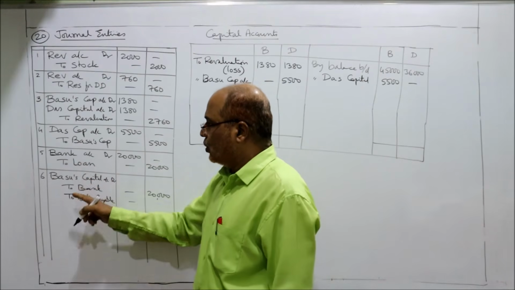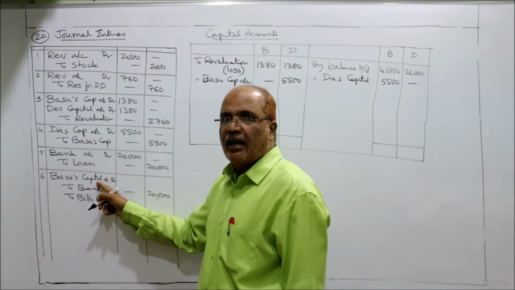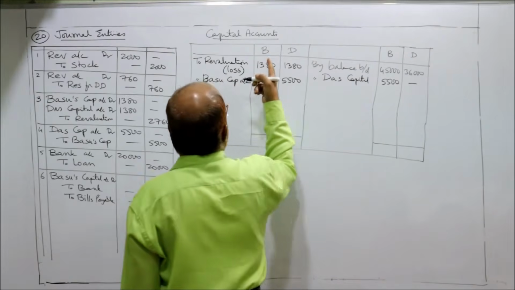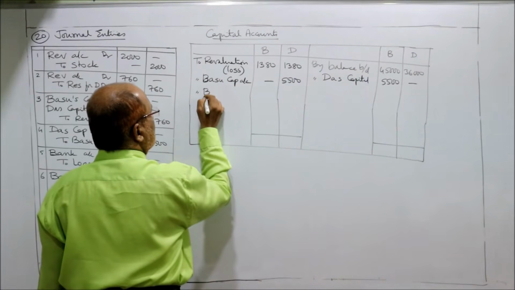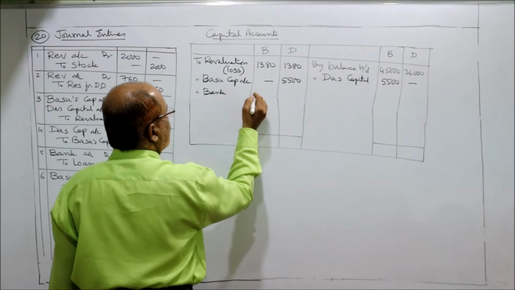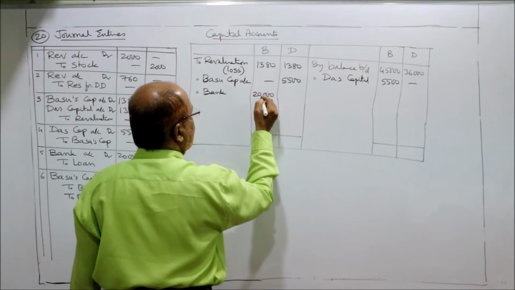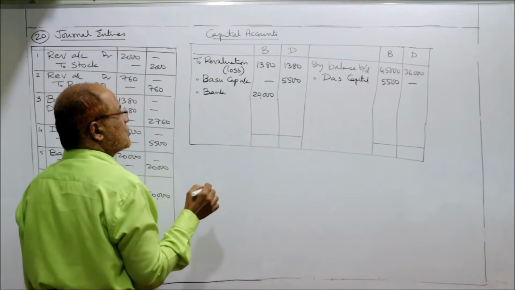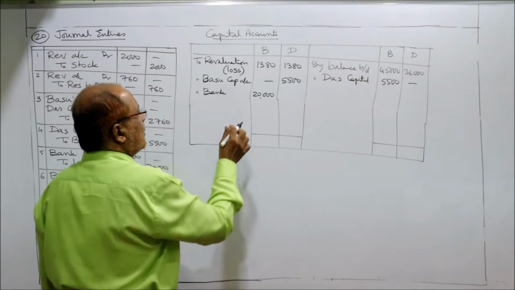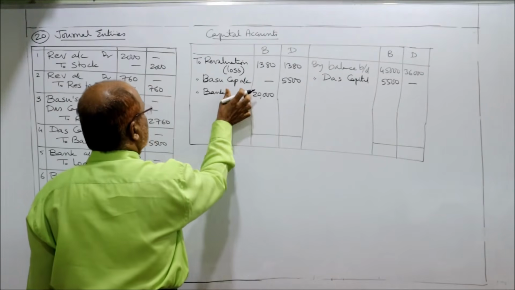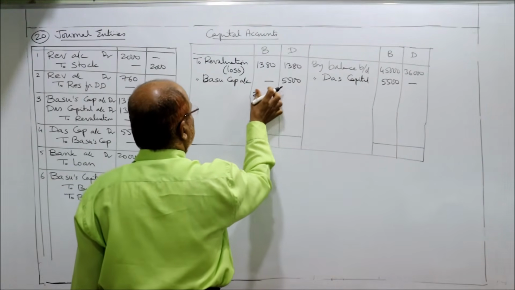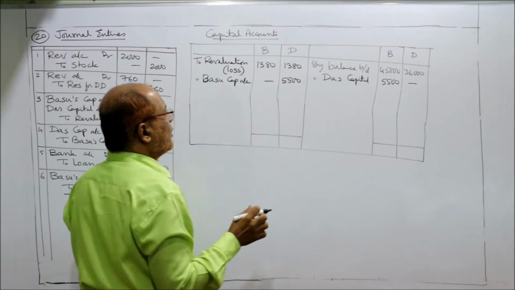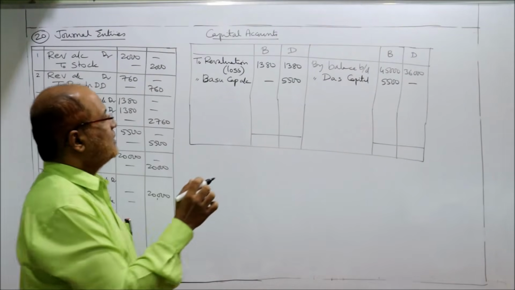Now bank account debtor to loan account, then Basu's capital account debtor to bank. 20,000. Or else what we'll do is we'll calculate the total amount due to Basu.